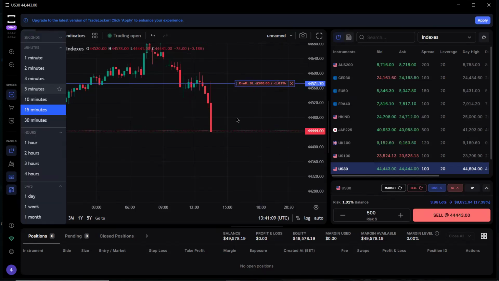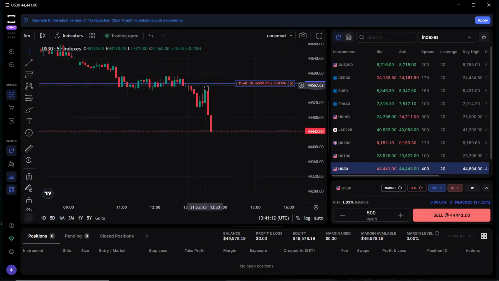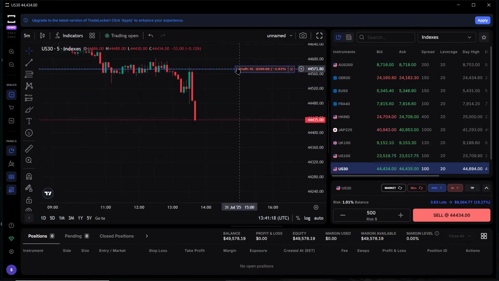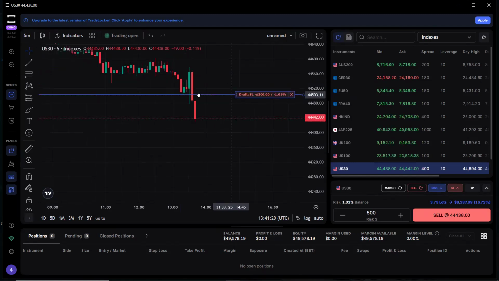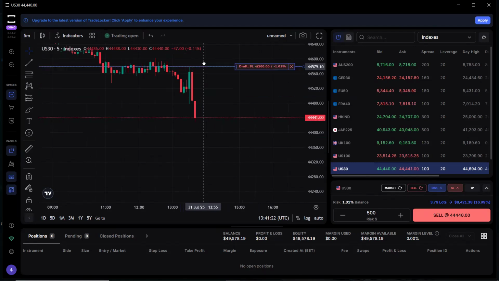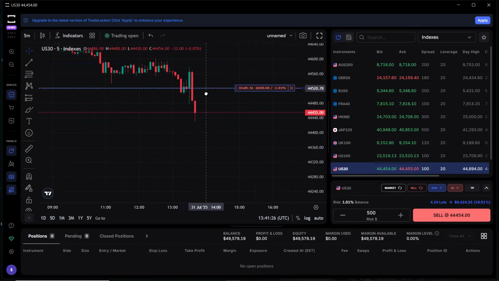Okay, M5. So this is the candlestick breaking the opening range. So as soon as it closes, for this particular example, my stop loss might be a bit too far. So I might just put it, let's say, halfway of my opening range.